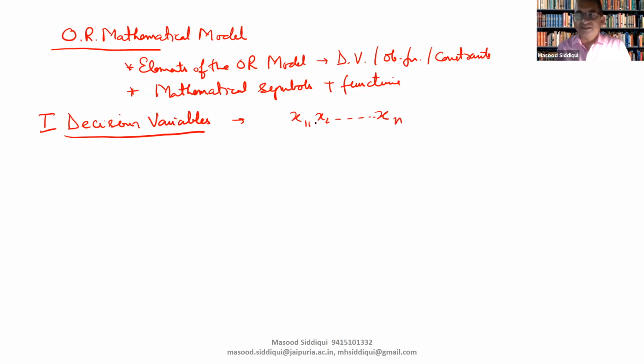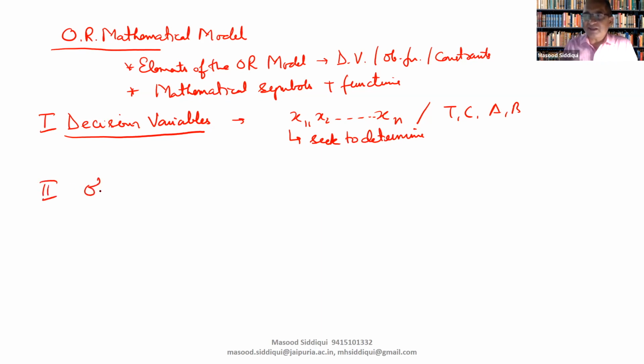These are the decision variables. Obviously, we can use other symbols like t, c, a, b as well. But primarily, they denote the decision variables that we seek to determine. They represent the real life decision alternatives, real life competing situations, that we seek to determine.